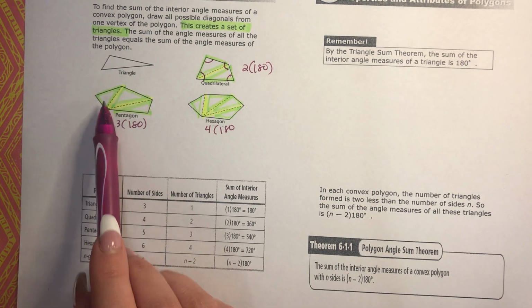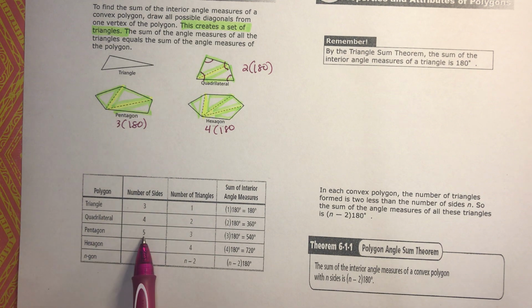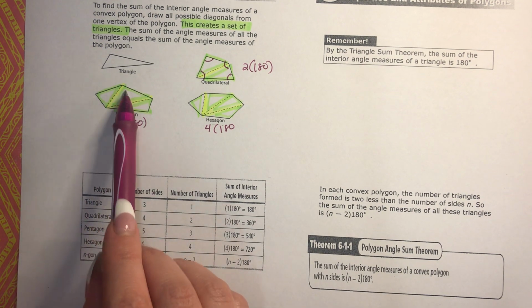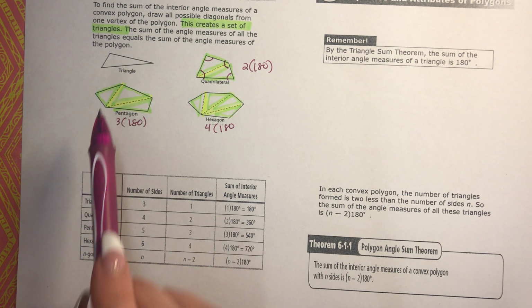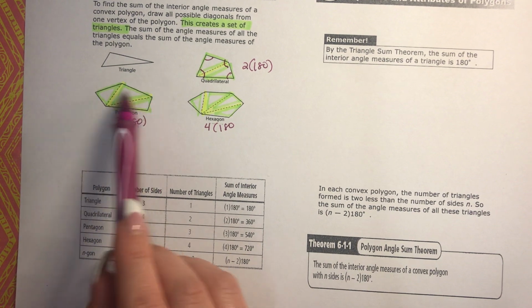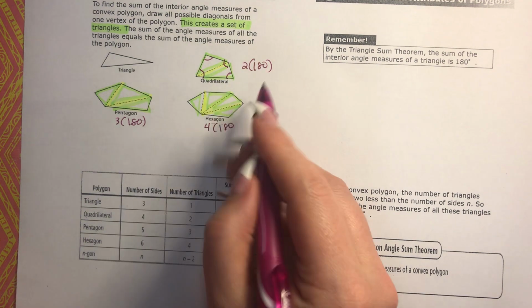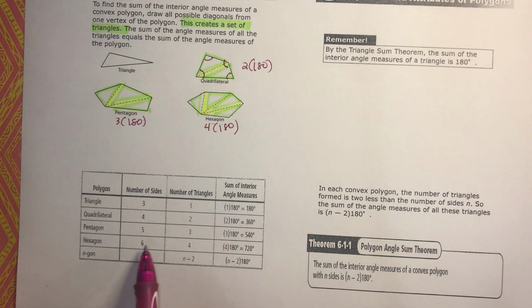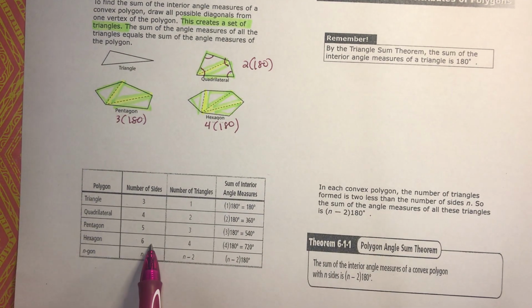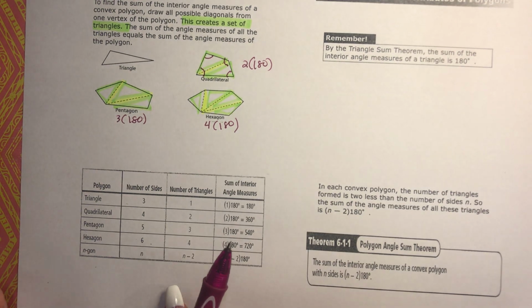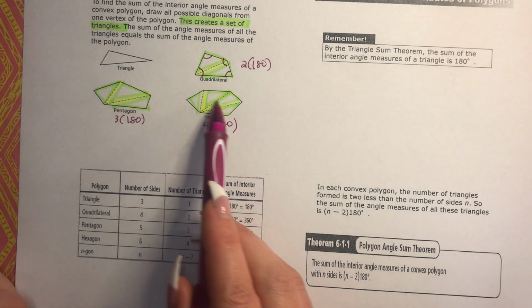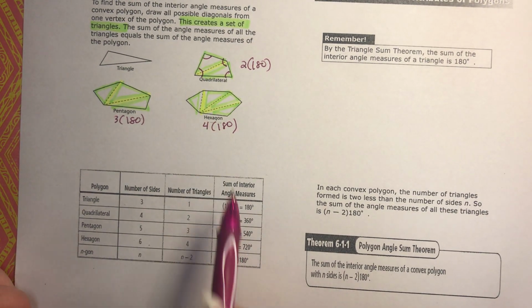Let's see, what about this one? A pentagon has 5 sides. There's 3 triangles, 1, 2, 3, and so it's 3 times 180, or all of the interior angles add up to 540. And a hexagon: there's 6 sides, right? Hexa means 6. And then the number of triangles are 1, 2, 3, 4, so it's 4 times 180, or 720.